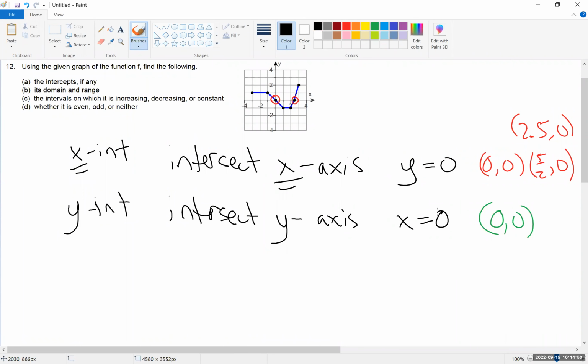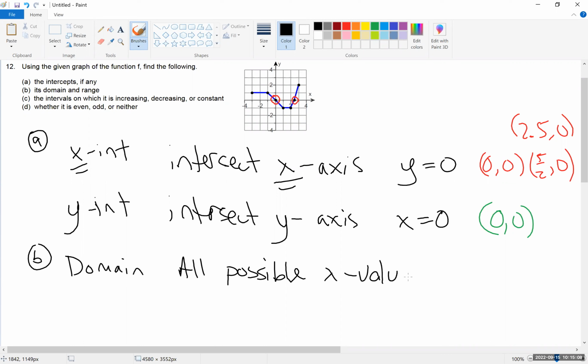So when looking at domain and range, we're doing part B. This was part A. In part B, domain is all possible x values. When you're looking at a graph, it's how far left does it go to how far right it goes.